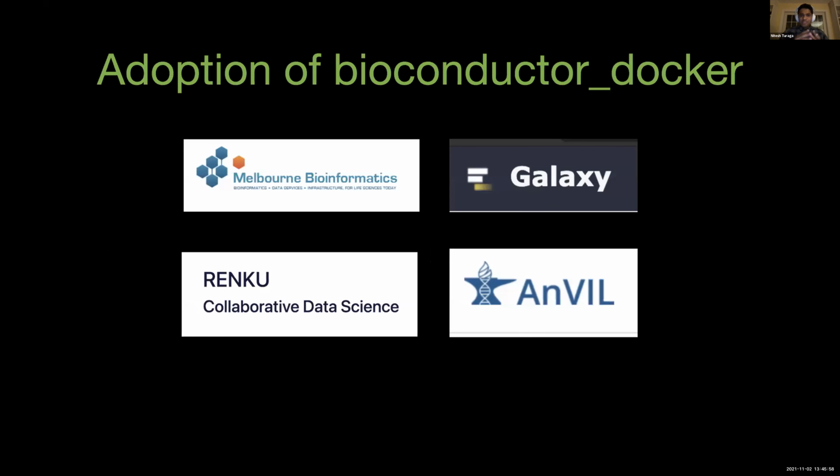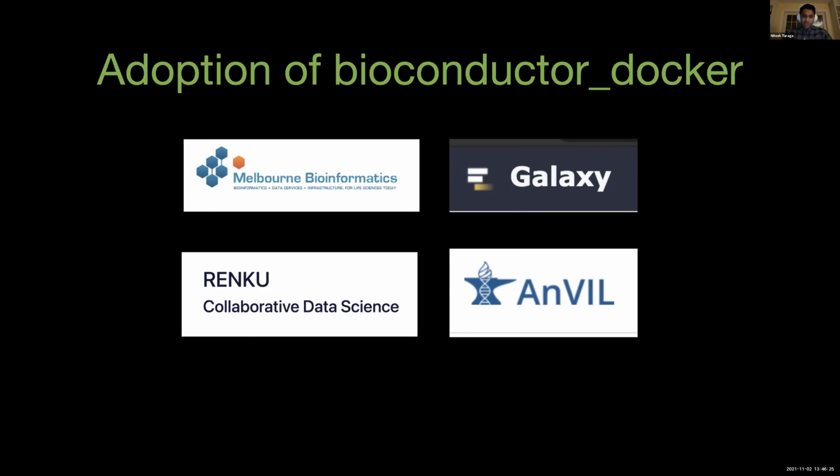Let's talk a little bit about the adoption of these Docker images. I already mentioned that it was really popular, but I just want to mention a few of the organizations that have used it. Melbourne Bioinformatics has the Genomics Virtual Lab, which uses these images. The Galaxy platform, which is very popular in the bioinformatics community, uses these images.